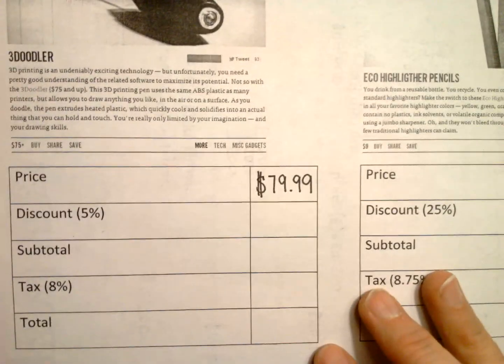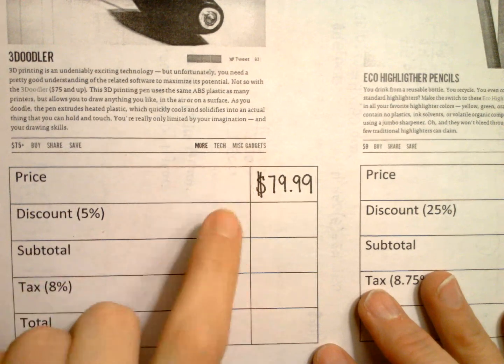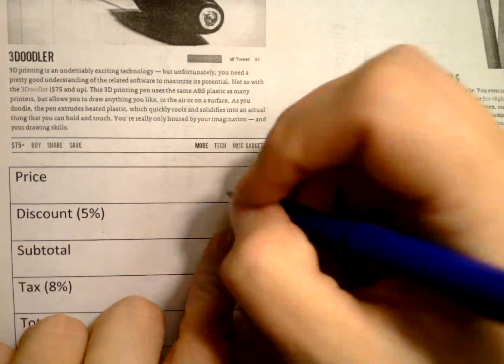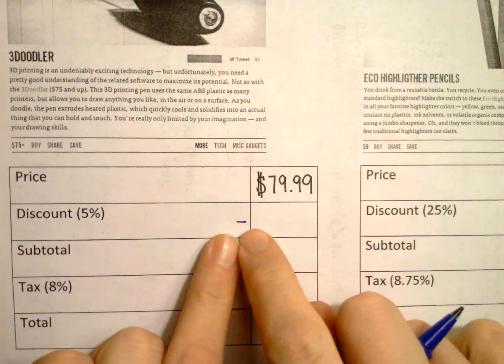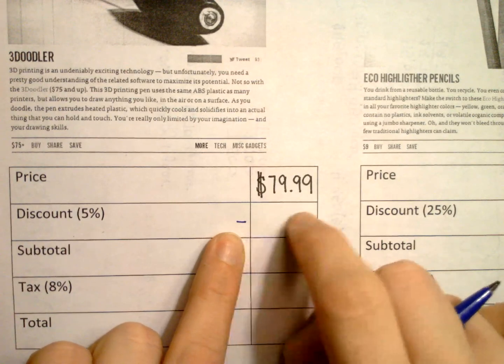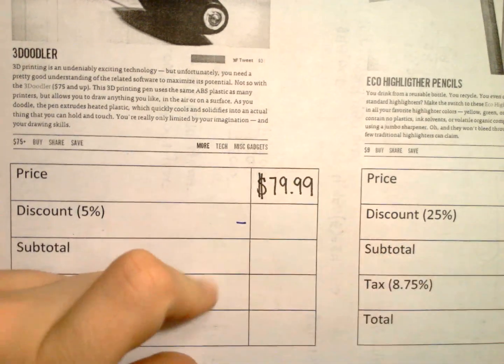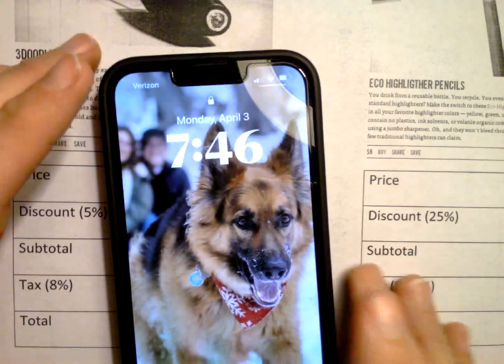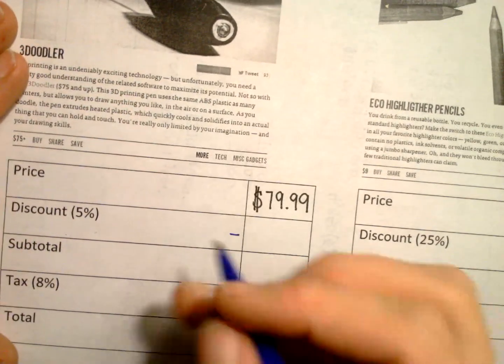So I have my original price. I have a 5% discount. That means I'm going to be able to subtract money. But it's 5% of the price.